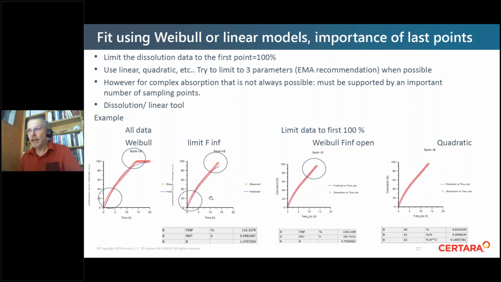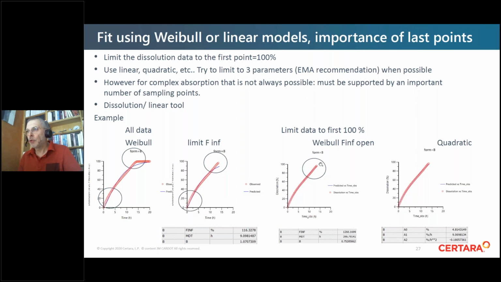When I put everything like this with a plateau, you can see that I have a fit which is not perfect on the top. Why? Because it is going to try to reach the last point. And if I enlarge it here, you can see that it reaches 116%, not so bad. But you can see also that the fit at the beginning is not perfect.